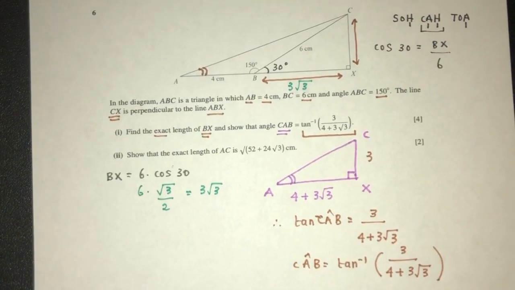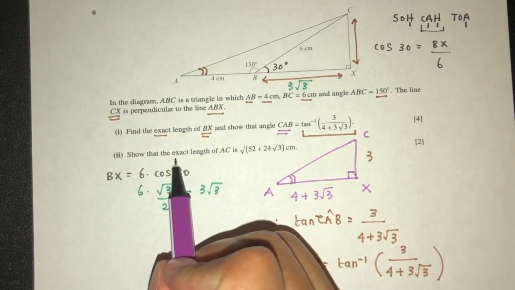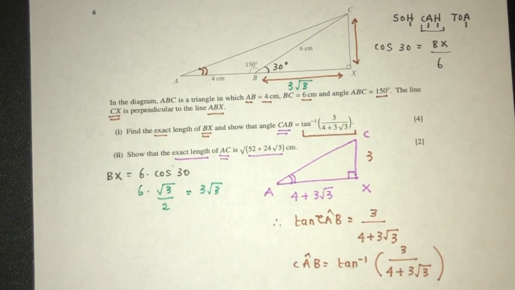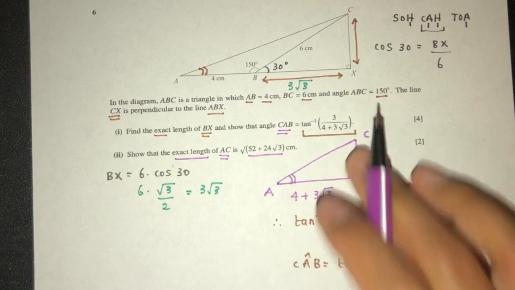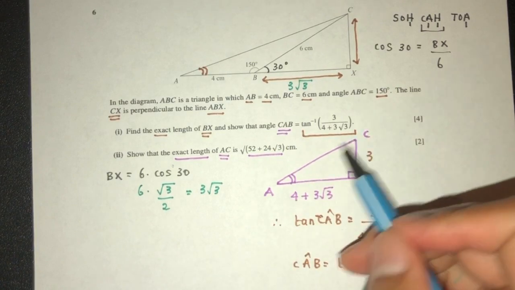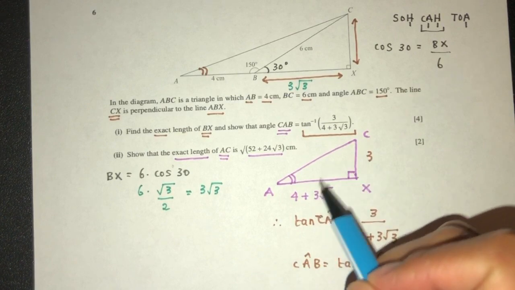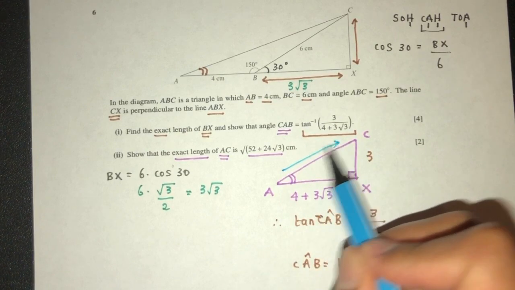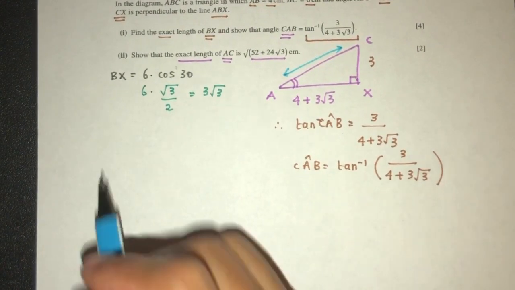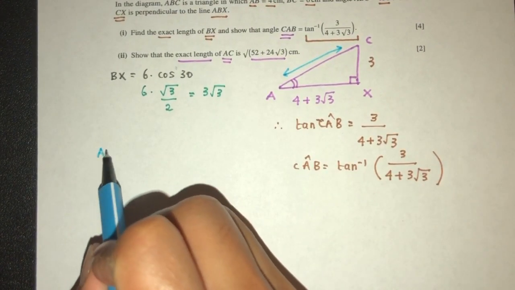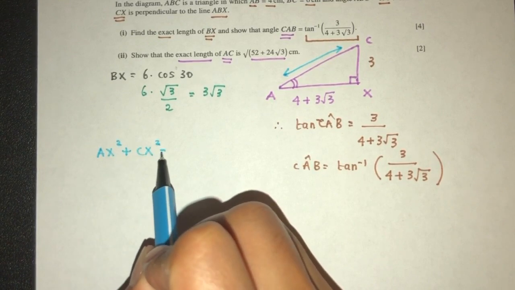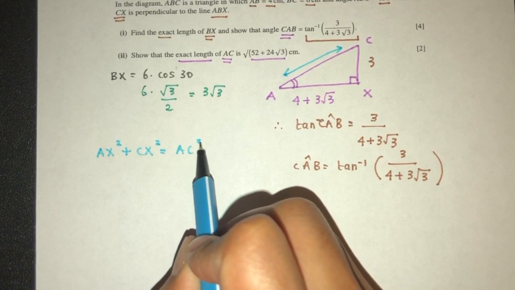Now for part 2, we have to show the exact length of AC is this. So let's see what we can do. Pretty easy. We can recognize that we have a right angle triangle, and we know these two sides. We can find this by the Pythagoras theorem, which states that AX squared plus CX squared equals AC squared.